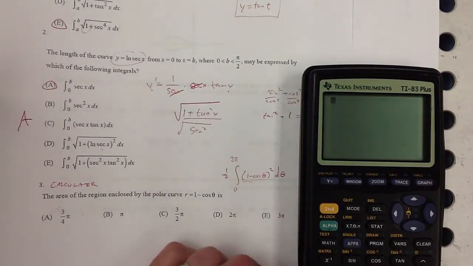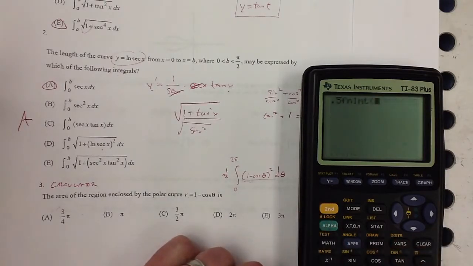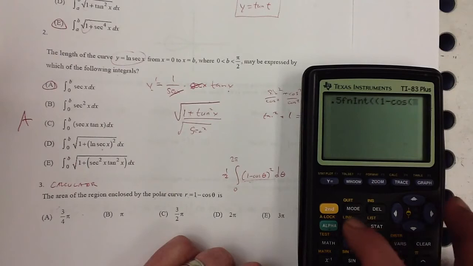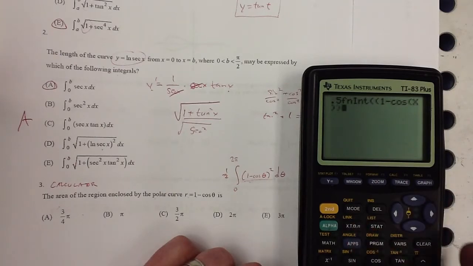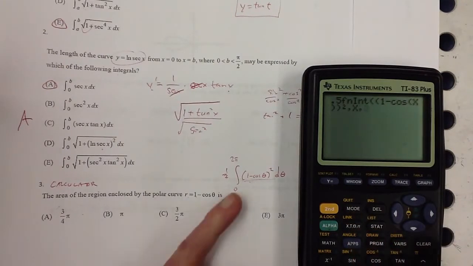So let's see. Doing that with a calculator, I got 1/2 times math 9, that's fnInt, of 1 minus cosine x squared, comma x, comma 0, comma 2 pi.